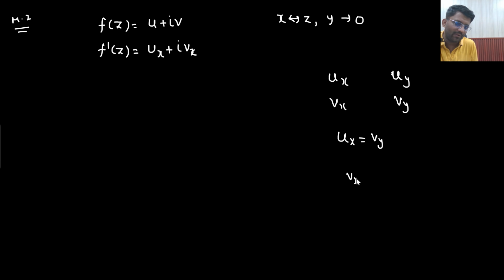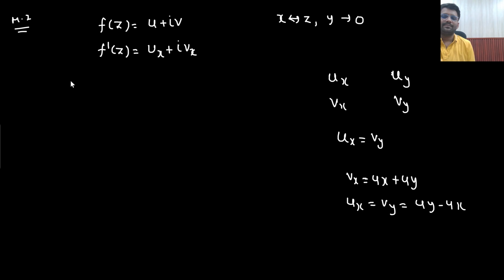And the value of ux, which will be equals to vy, and value of vy came out to be 4y minus 4x. So just put it here. Value of ux is 4y minus 4x.